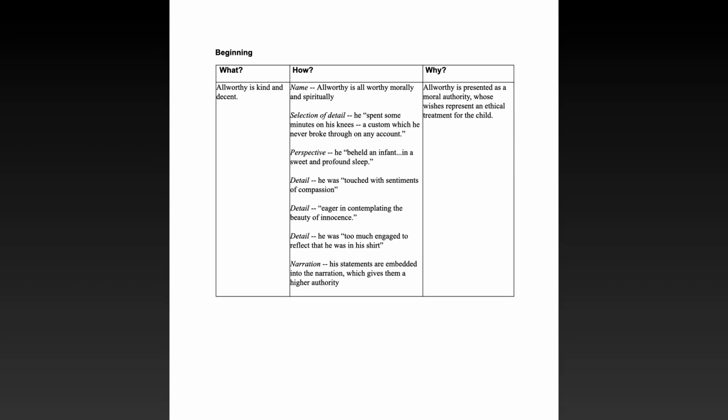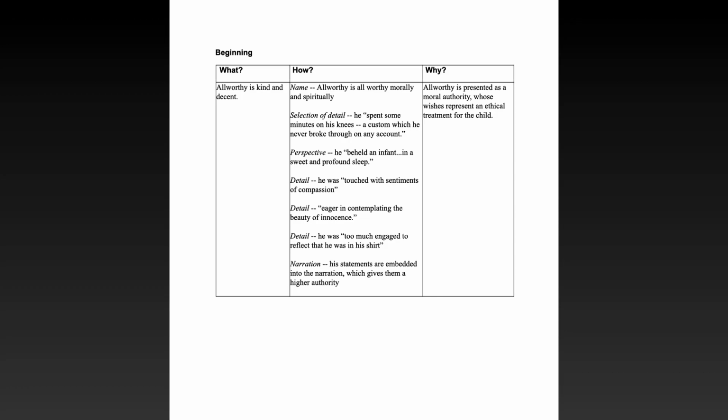All right, so I looked at the beginning. I said, Allworthy is a kind and decent man. That's what I notice. And I pulled up a whole bunch of evidence: how do I know that? Well, starting with his name, Allworthy. He's all worthy of things. He is a worthy man. And we see the detail, and I have the part about him praying, the perspective.